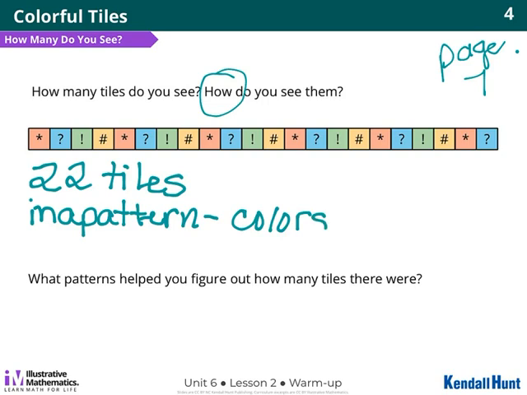Okay. What else? Miles. It's also in another pattern. What's that? It's the... Are you talking about the characters? Yeah, because we've got like the asterisk, the question mark, exclamation point, pound sign, and then it repeats, right?